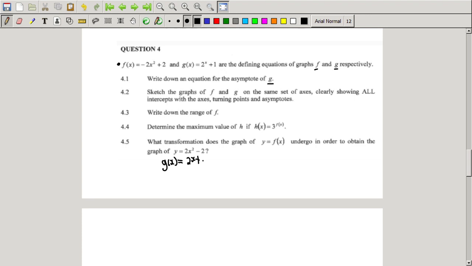So we know that an exponential function is defined by y is equal to a b to the power of x plus c, where this c is an asymptote.